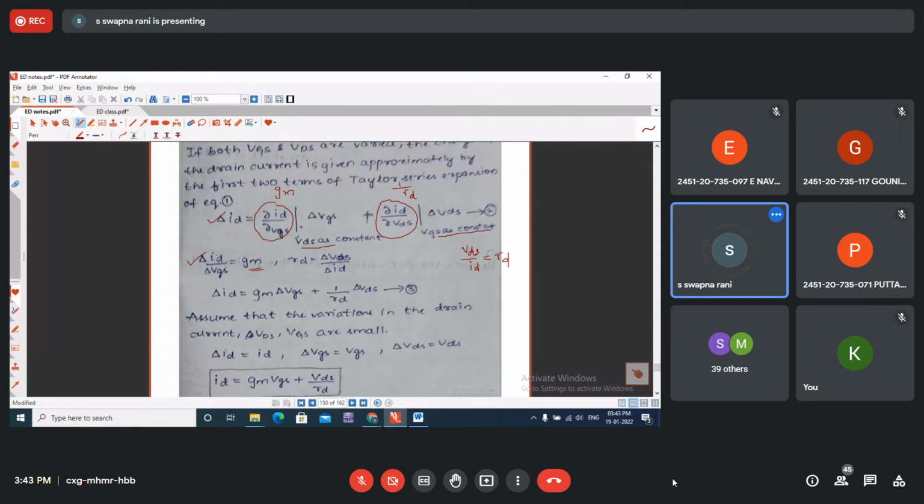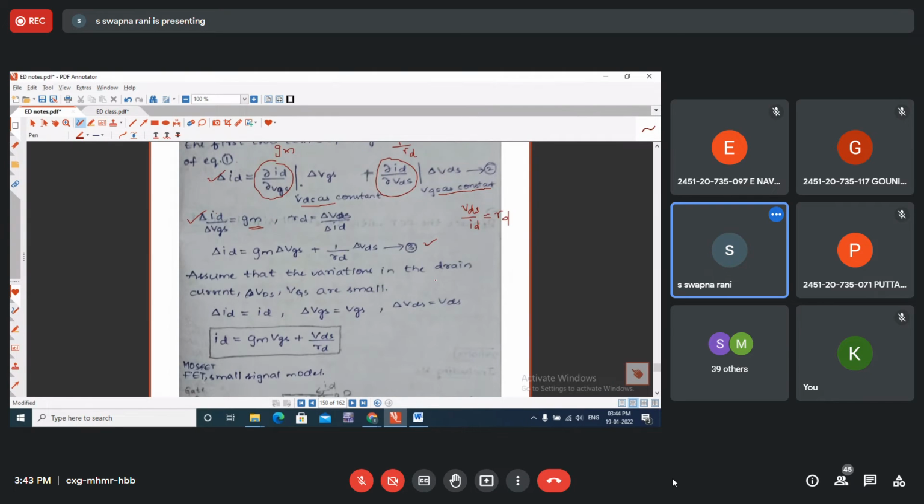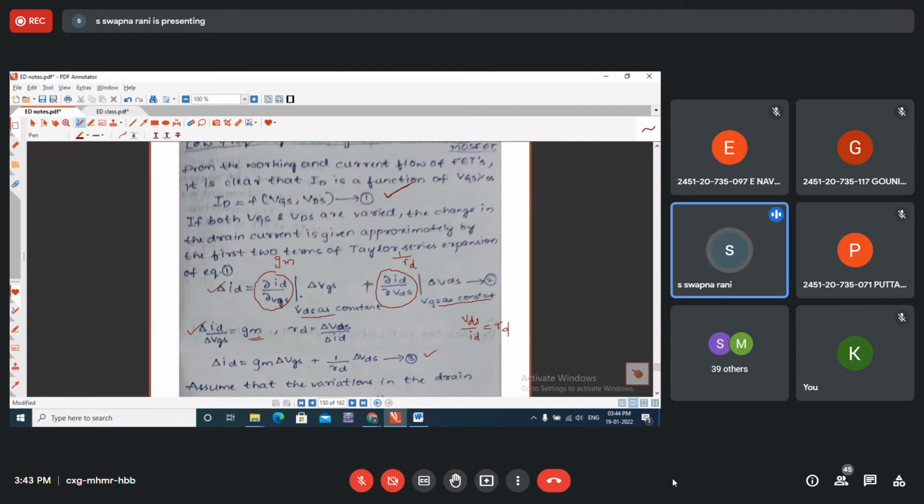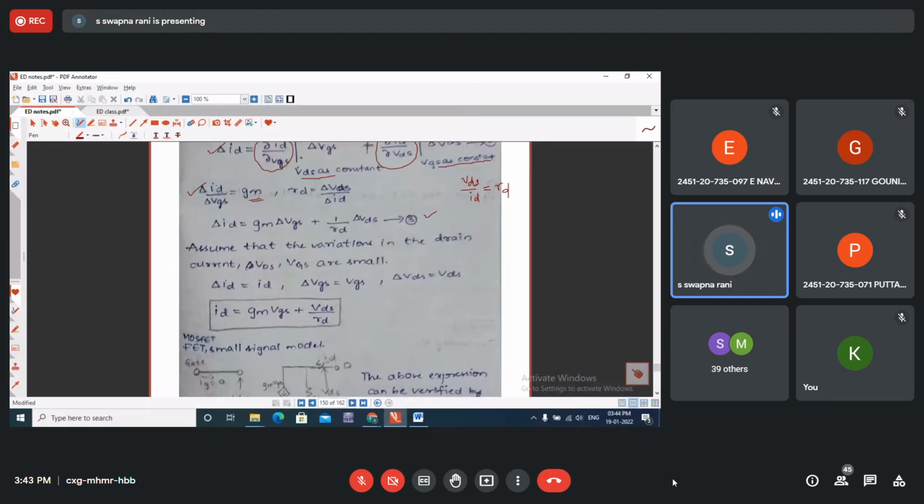So this Taylor series expansion, which is limited to the first two terms, can now be rearranged as delta ID equal to GM into delta VGS plus 1 by RD into delta VDS. So we are trying to derive the small signal model of FET.